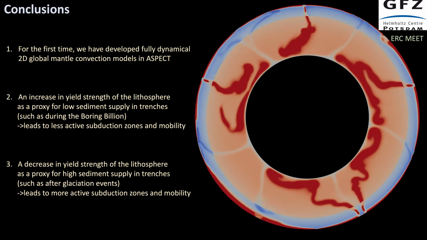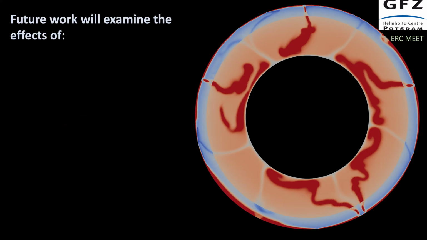And on the other hand, a decrease in the yield stress of the lithosphere as a proxy for high sediment supply in the trenches, such as after the glaciation events, leads to much more active subduction zones and higher plate speeds.